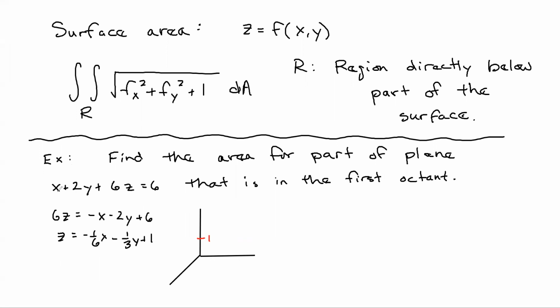If you set x equal to 0 and z equal to 0, you get 2y equals 6, and so a y-intercept of 3. Then if you set y and z to 0, you get an x-intercept of 6. And that's all there is to it. Sketching the object is that easy.